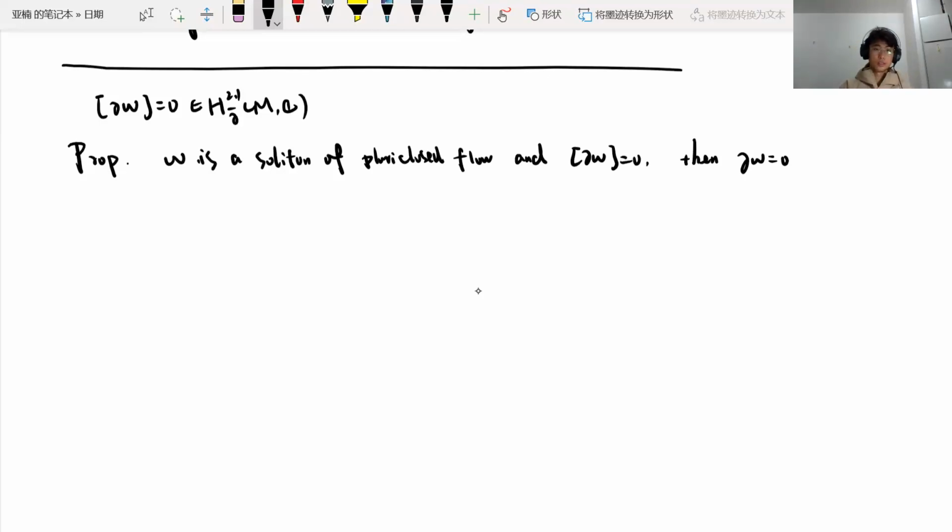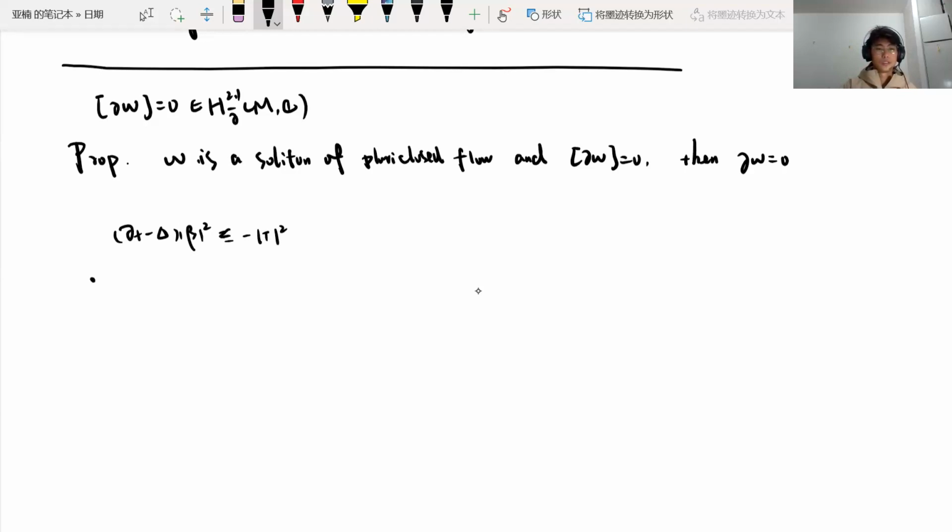Actually, this is a little adjustment of Professor Streets's proof. The key observation is that the evolution equation of beta, the torsion potential, is invariant under normalization.